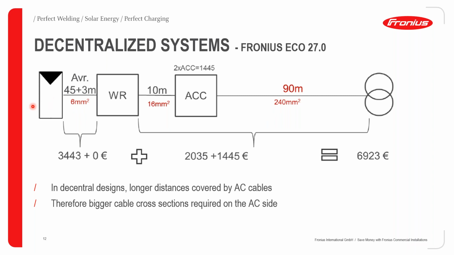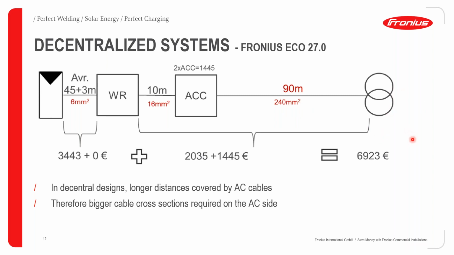In this example, using the Fronius Eco 27, we are running string cables using only 6mm square cross section. And then from there, we run into 16mm square cable for the junction between the inverters and the AC combiner boxes. And then we are moving into a much bigger cross-section cable of 240mm square from the AC combiner boxes to the feed-in point.